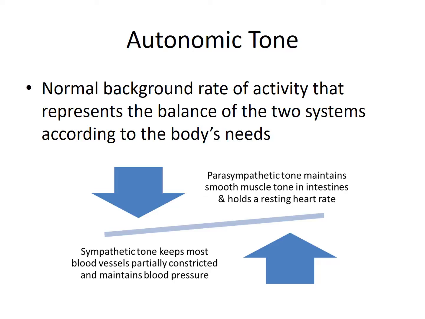A sympathetic tone tends to keep most blood vessels partially constricted and maintains the blood pressure. The parasympathetic tone maintains the smooth muscle tone in the intestines and holds down a resting heart rate.